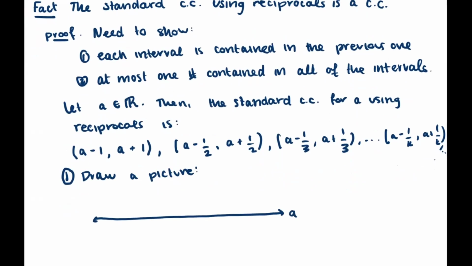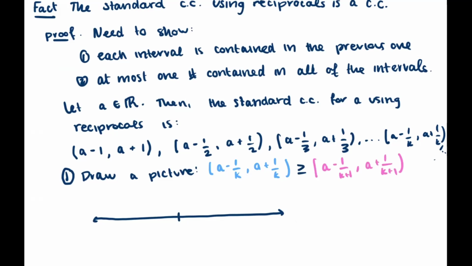What I want to prove is that the interval a minus 1 over k, a plus 1 over k is bigger than the next one. So it contains a minus 1 over k plus 1, comma, a plus 1 over k plus 1. I'm going to sketch these two intervals using the corresponding colors.